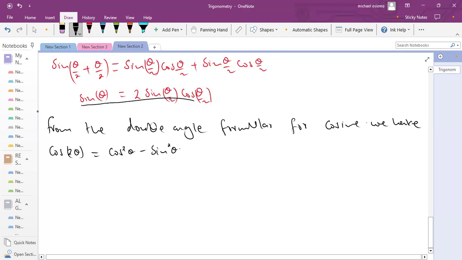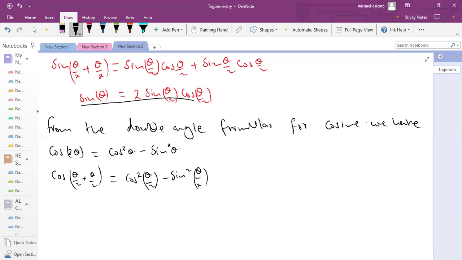So if we need cos of theta over 2 plus theta over 2, this will be equal to cos squared theta over 2 minus sine squared theta over 2. Why? Because here it becomes cos theta over 2 times cos theta over 2, minus sin theta over 2 times sin theta over 2.